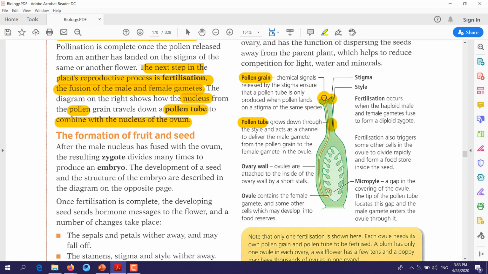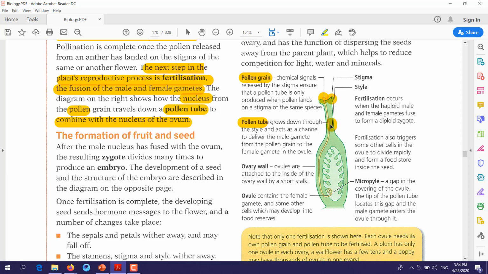When the pollen lands on the stigma, it will release specific chemical signals to ensure this pollen belongs to the same species. Because when pollen lands on the stigma, maybe this pollen belongs to another species.